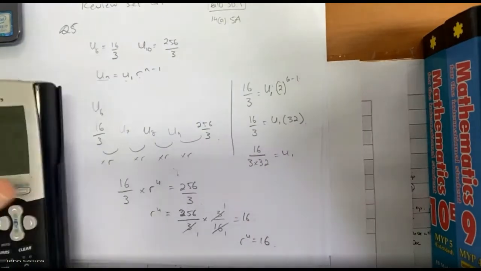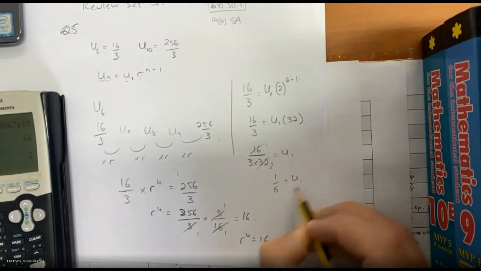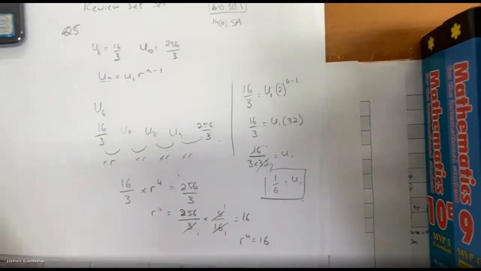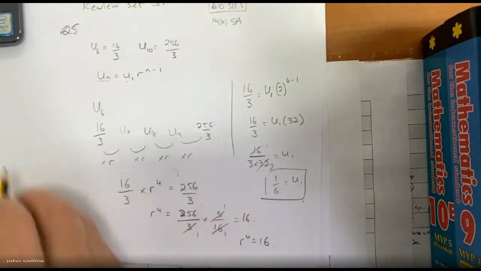Which, once again, I can do on my calculator, but I think it's 1/6, is it? You can use your calculator to find that. Anyone get 1/6? I don't have the answers there, so maybe you could check the answers.